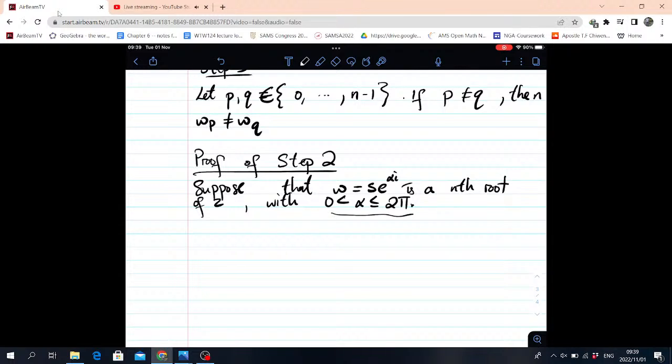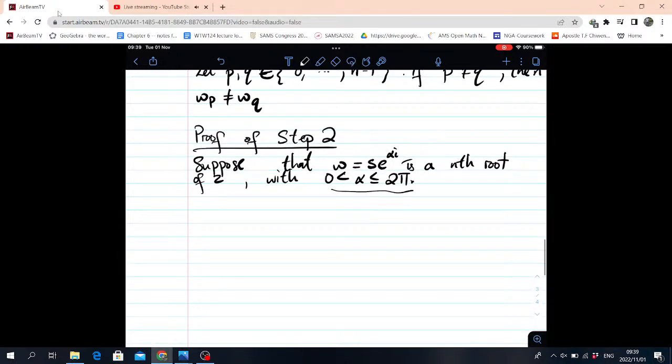Right. So we know that by our definition, what it means for w to be an nth root of z, it means that if we take the power of n, we should get z, right? That's what it means. So we know this is true by the definition of an nth root.